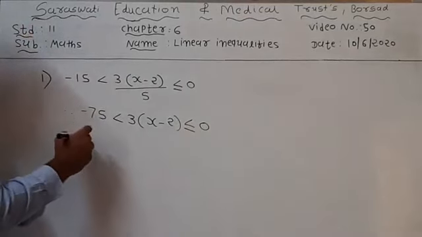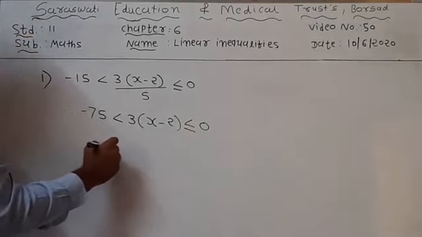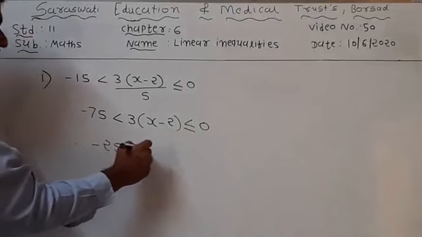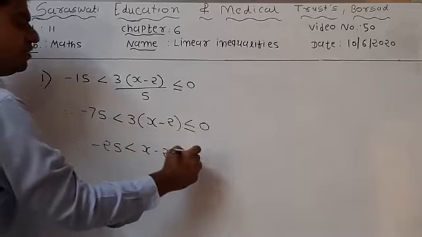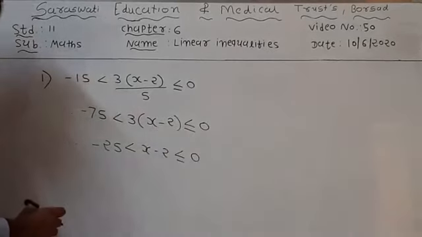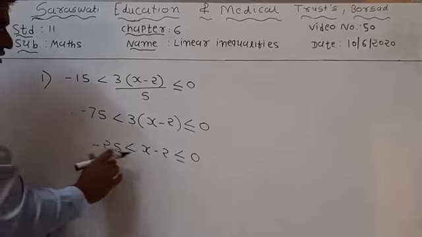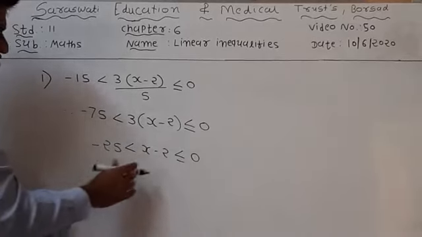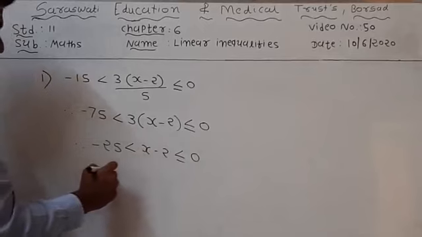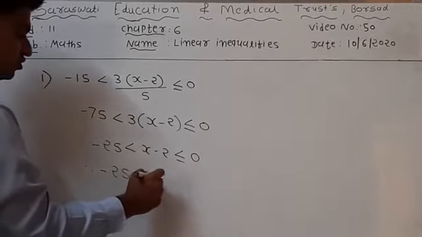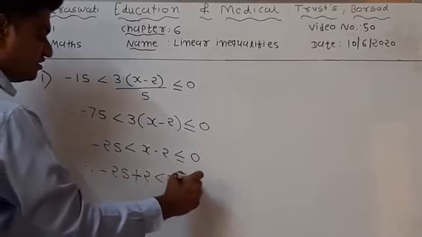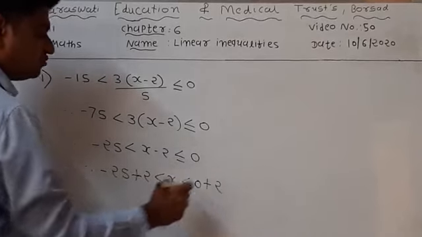Now divide by 3, so minus 25 less than x minus 2 less than or equal to 0 divided by 3, that means 0. Now remove this constant term. So on all three sides add plus 2. Therefore minus 25 plus 2 less than x less than or equal to 0 plus 2.